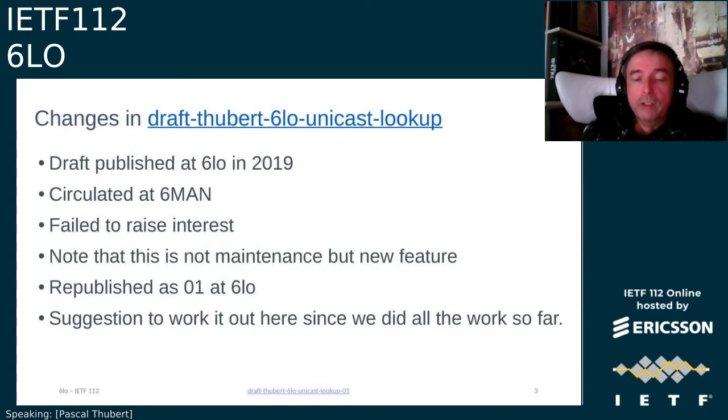To be able to query it, we needed the SLLA option in the EDAR message, because that's usually how the 6LR, which would be all the access points, talk to the 6LBR, which is now centralized, virtually centralized. And that addition was already done with 8929, so we don't even need to specify it. 8929 already said, hey, you can transport your ND options in the EDAR message.